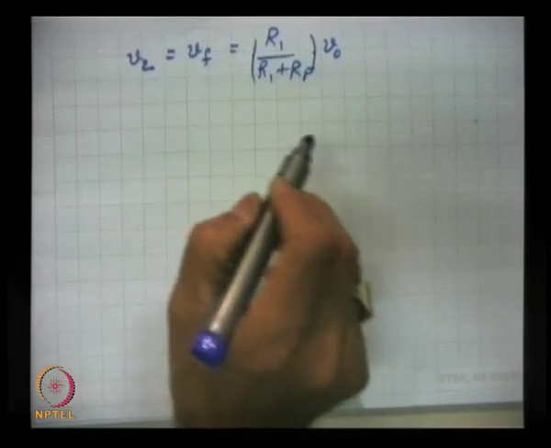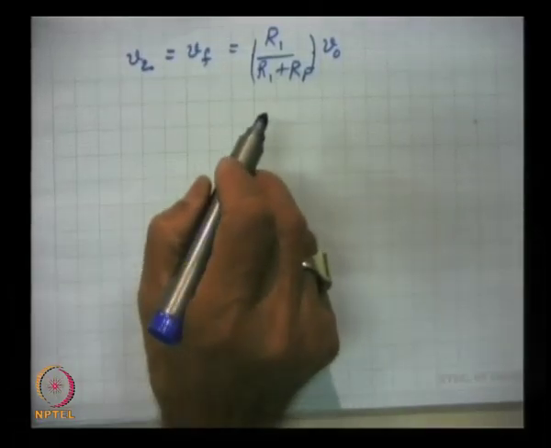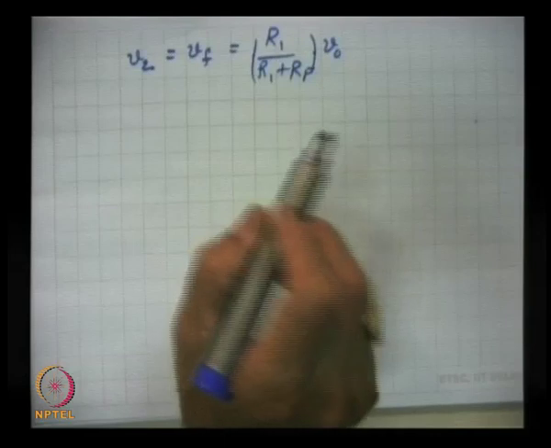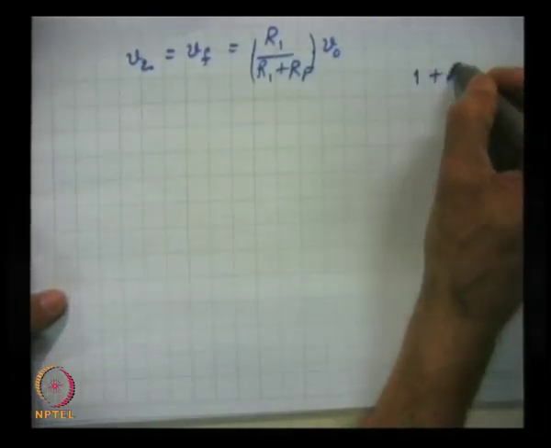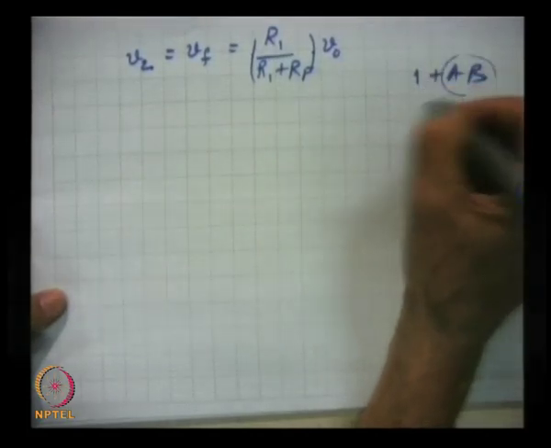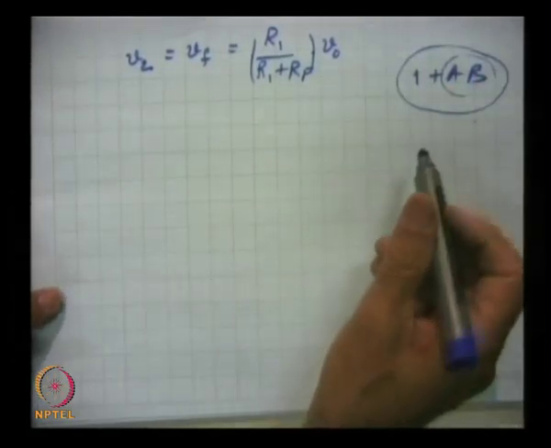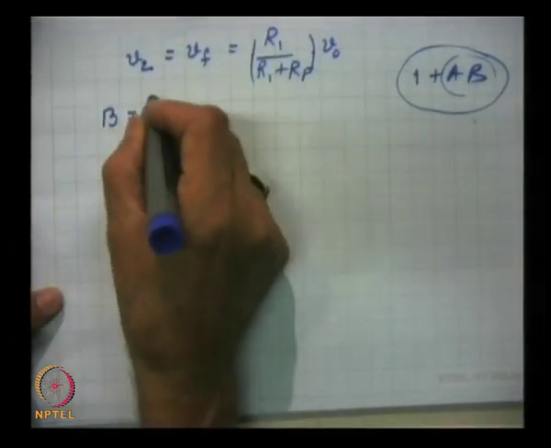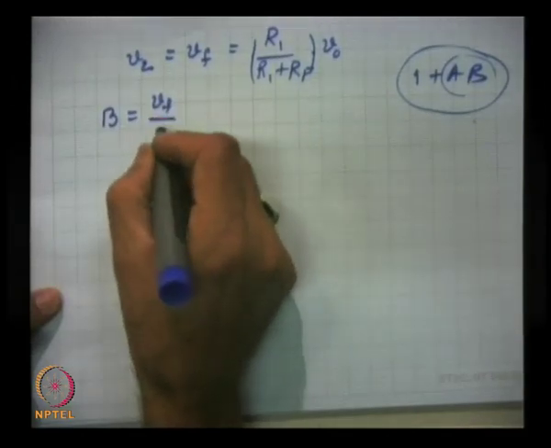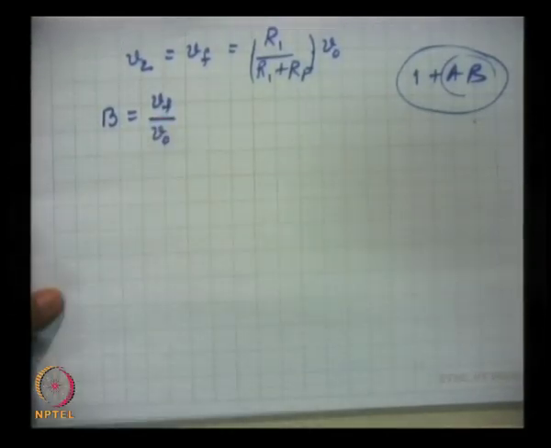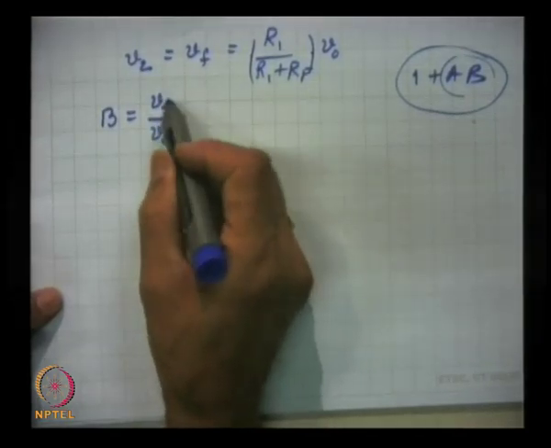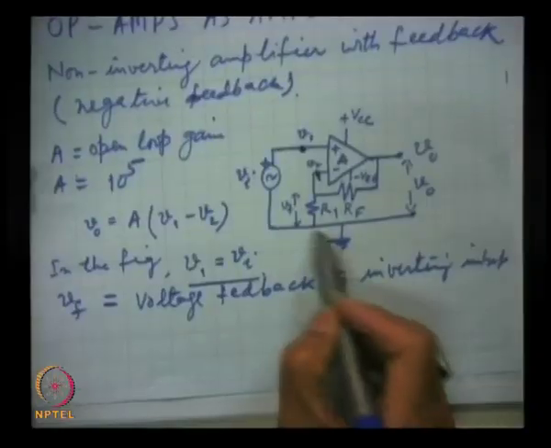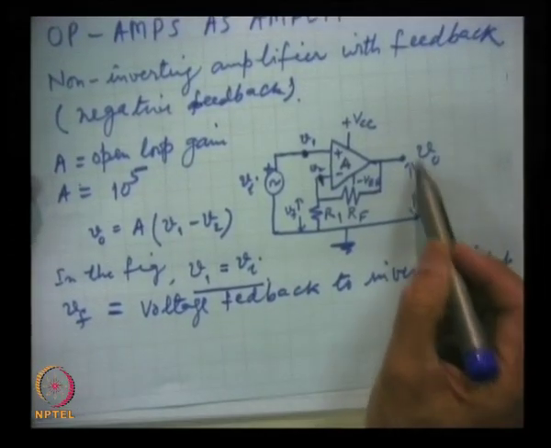This is Vf. You remember that in feedback networks we have 1 plus A beta, where A is the gain and beta is a factor, and so beta is Vf by V0, the fraction which is returned to the input.